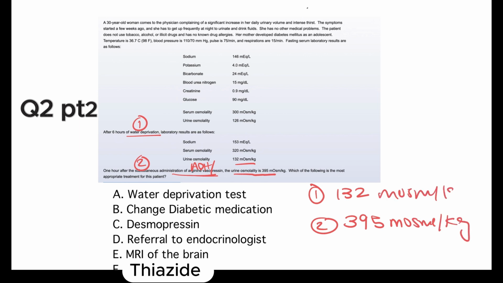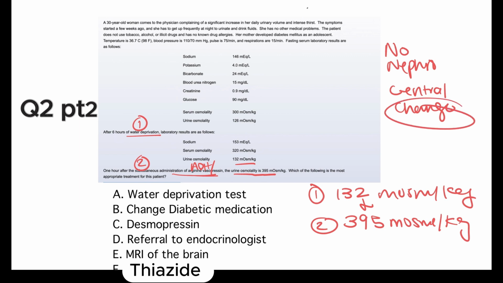So what is this telling you? Did the osmolality change, or did it stay the same, or it's no change? Remember, the no for nephro, the central for change. And what happened? It went from 132 to 395. So we know that this is what?